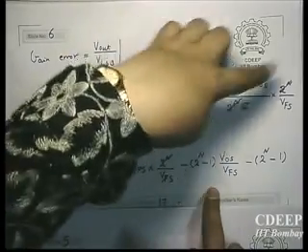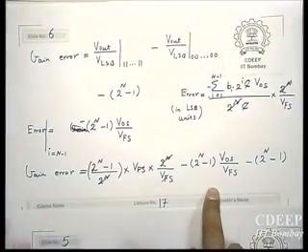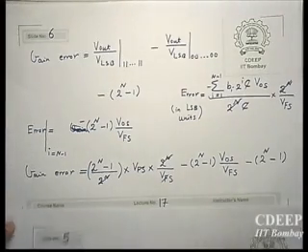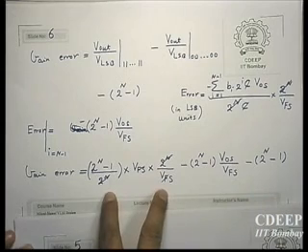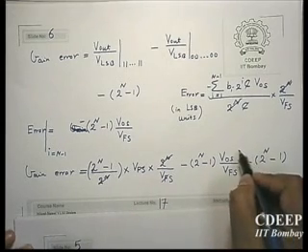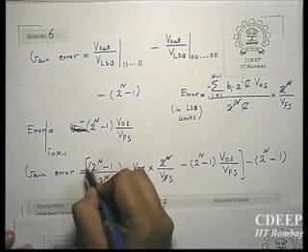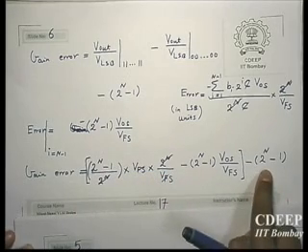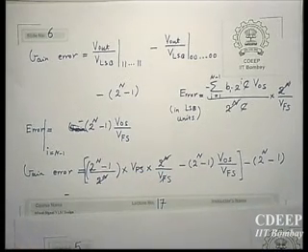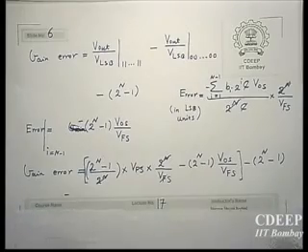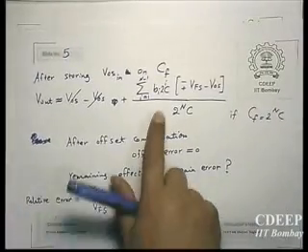For all 0s, this term will be 0 eventually. Okay, for all 0s I have not written. This is for all 1s, minus this term for all 0s. For all 0s, this term will be 0.